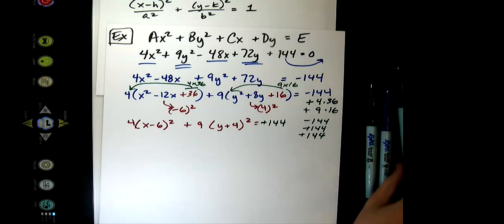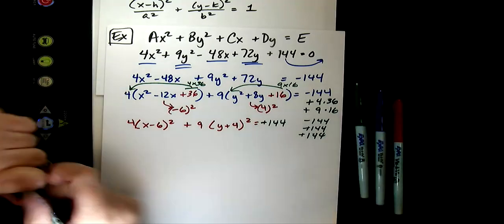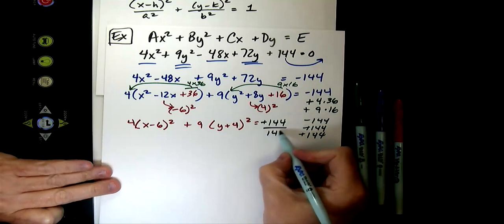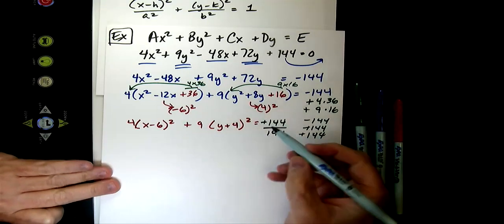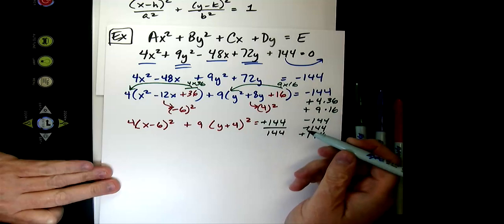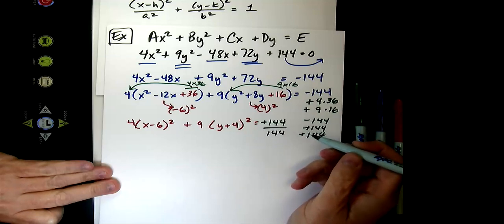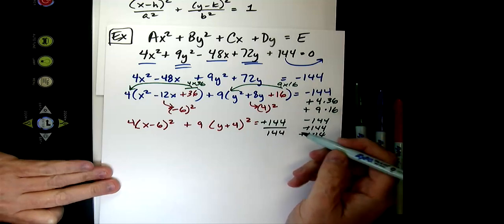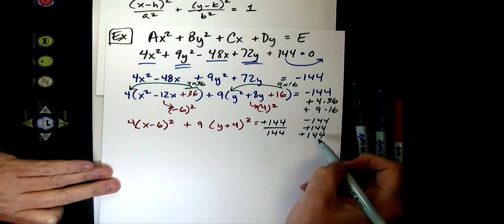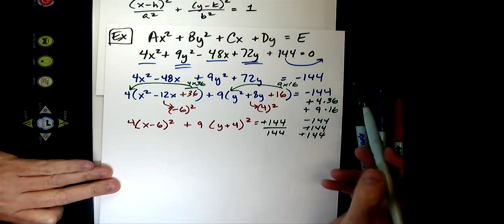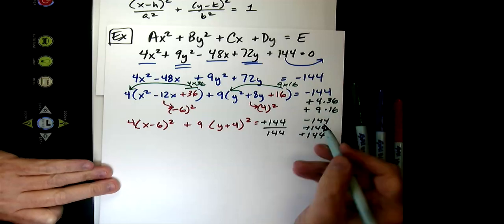Now we can divide by the 144. We want to get this right side to 1. It just so happens to be positive 144. Generally it is not; you have to do the actual math and find out what it is. The fact that it's the opposite sign of what was there before is a coincidence. Okay.